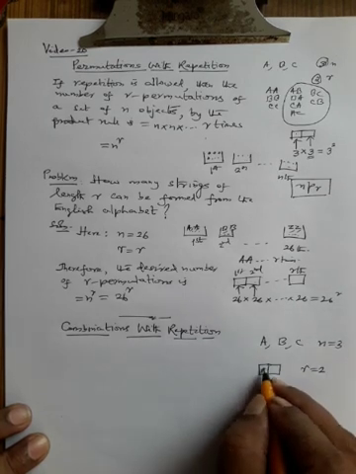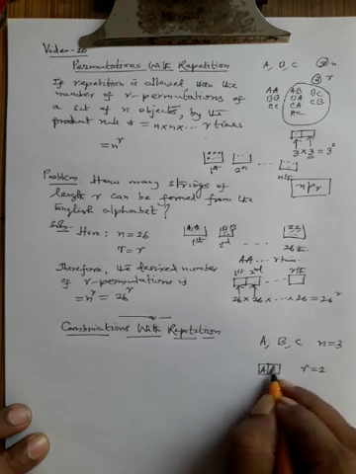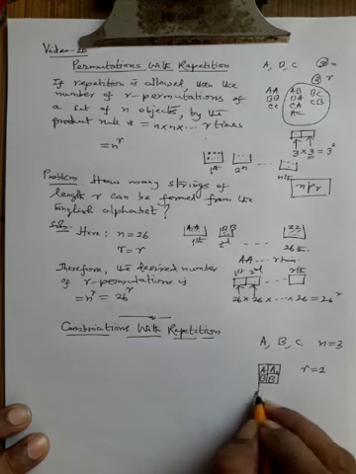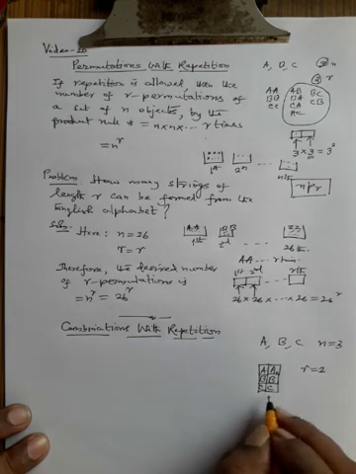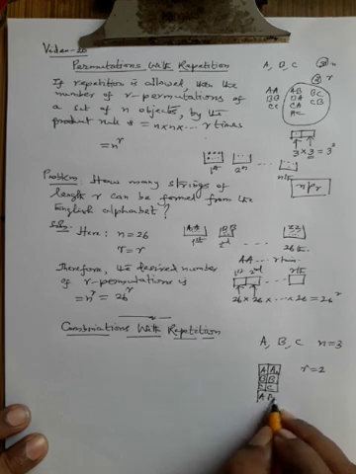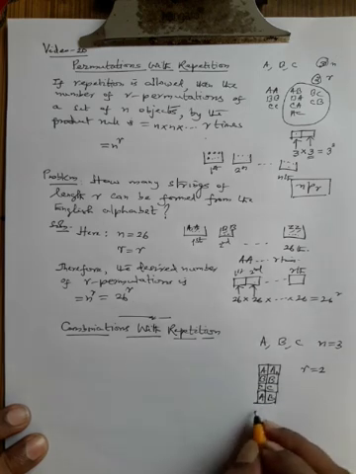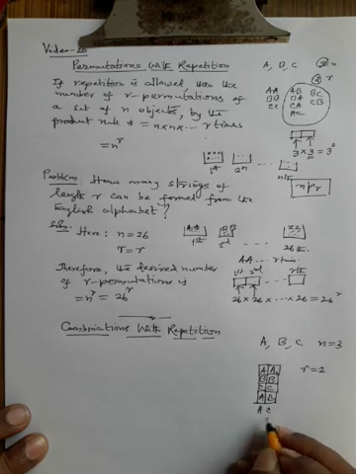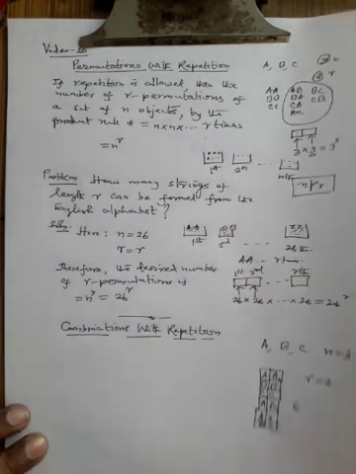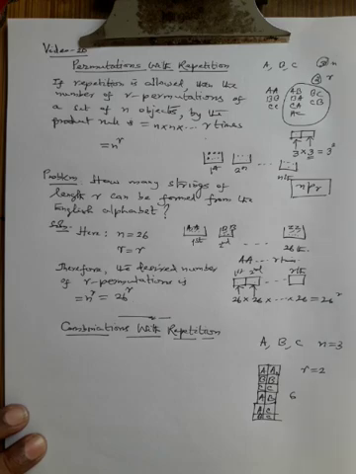In each combination, you can have A as one combination, B is another combination, C is another combination, and then you have AB as one combination, and then AC is another combination. AC and CA are the same combination. BC is one combination. Totally you will get 6. That is, repetition is allowed.